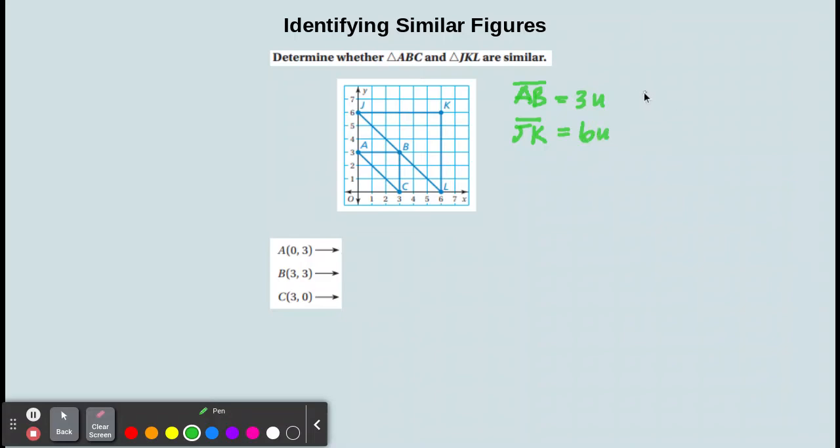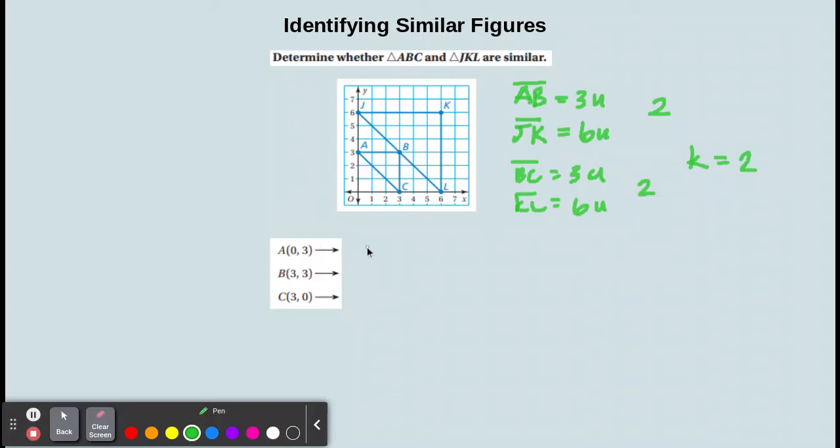So it looks like JK is twice as long. Now, if we look at side length BC, it's also 3 units. And looking at KL, it's 6 units. Again, twice as big. So it looks like our scale factor, our k, is 2.